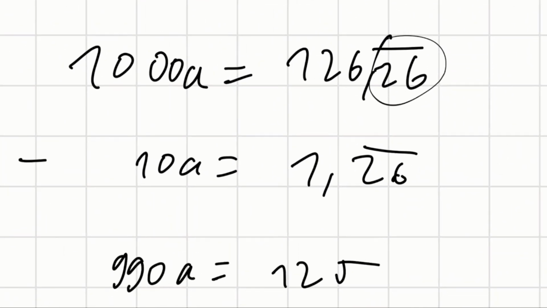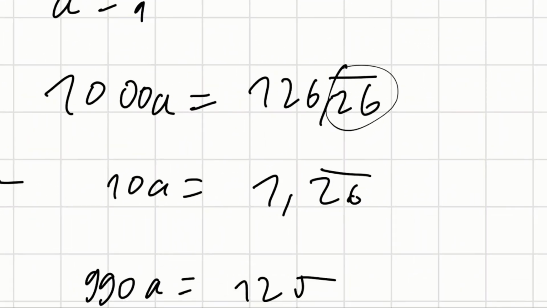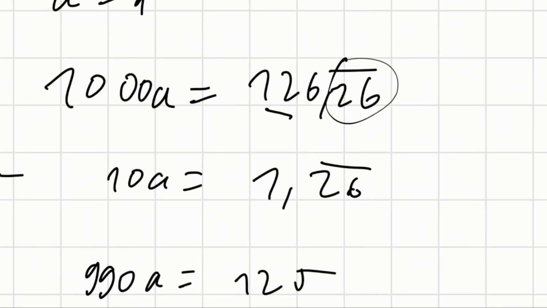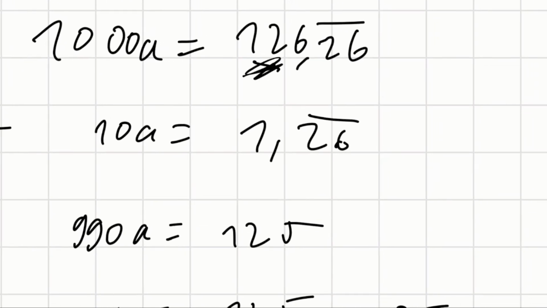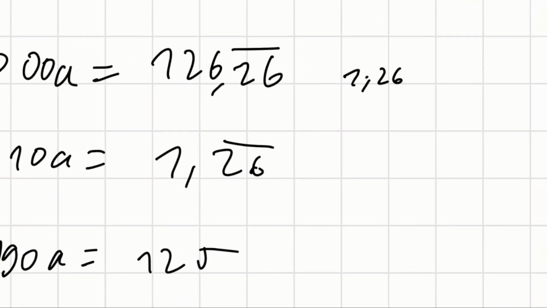So what you're going to do is divide this by 100, because you just want it to move back, if you understand what I mean. And this gives us a period, since 26 is periodic. Therefore, you get 126.2626, this is equal to this.